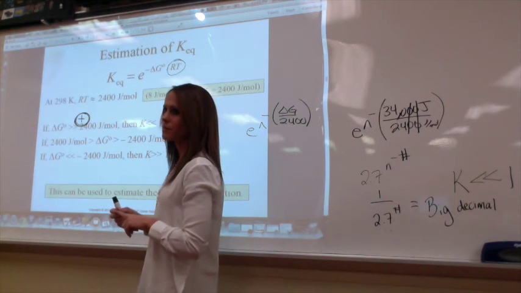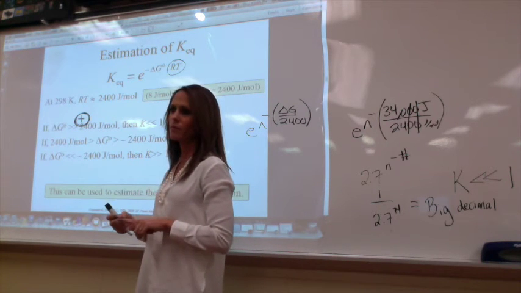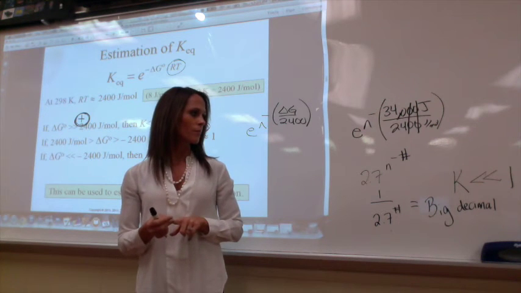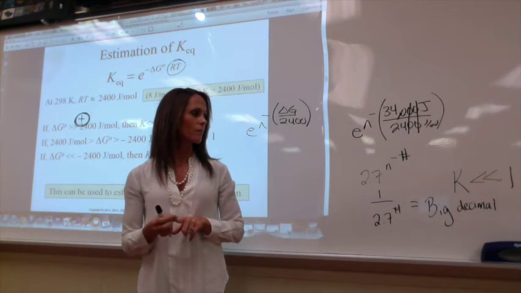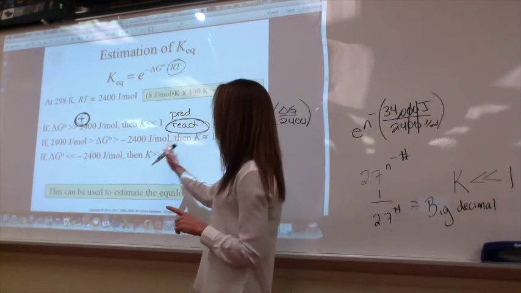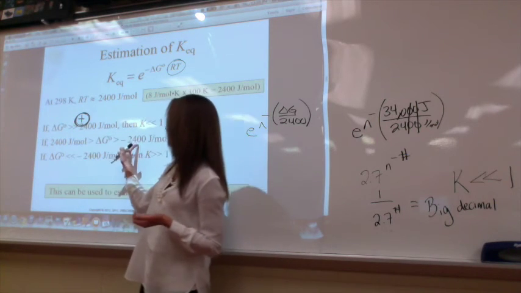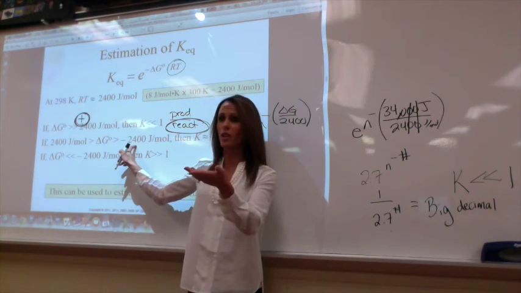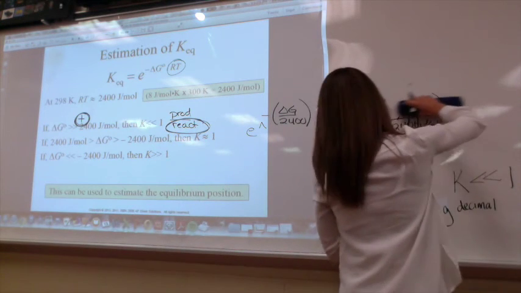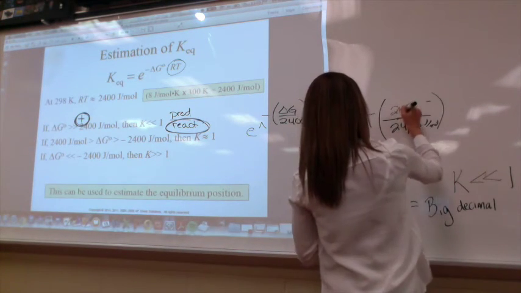Follow that? So I don't want to mess anyone up, but you could look at the rough estimate and look at how big that denominator is, and from there tell how big your K is. That's what you're supposed to do. You have to evaluate this number. So if you're in between 2,400 and negative 2,400, realize that this number here is going to be almost the same.